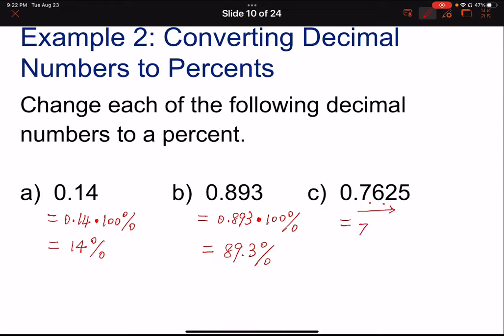So obtain 76.25, right? After multiplying a number by 100, you move the decimal to the right by 2 places and add the percent sign. So mathematically, it should go like that, but once you get used to it, usually you can easily get to the percent representation.